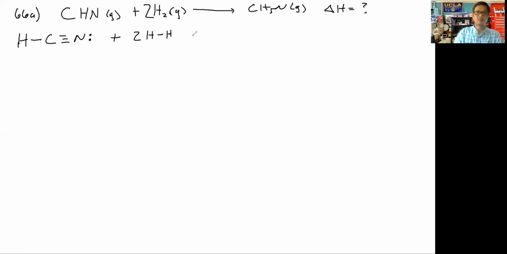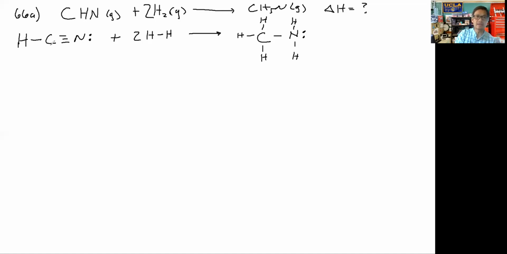On the right-hand side, what they give us is the structure of this compound, which is a methyl group, three hydrogens attached to one carbon, which is then attached to a single bonded nitrogen, which is then attached to two hydrogens as well. So this is the structure, with a lone pair here, and a lone pair there. All right, so that's the structure right there.